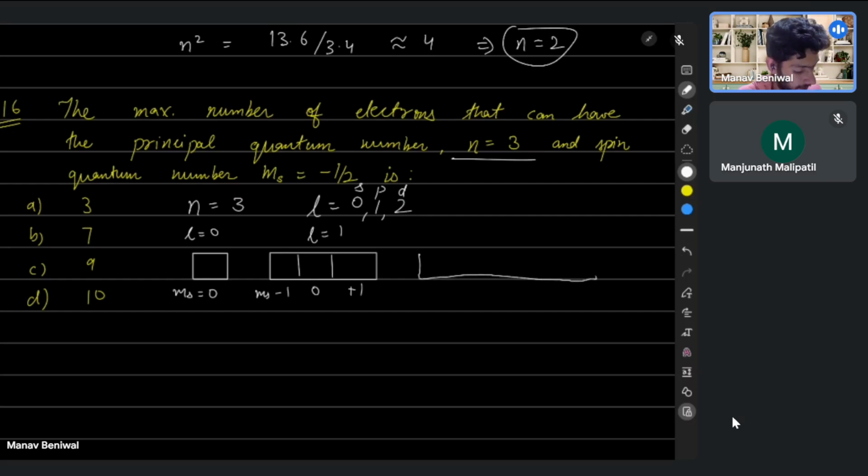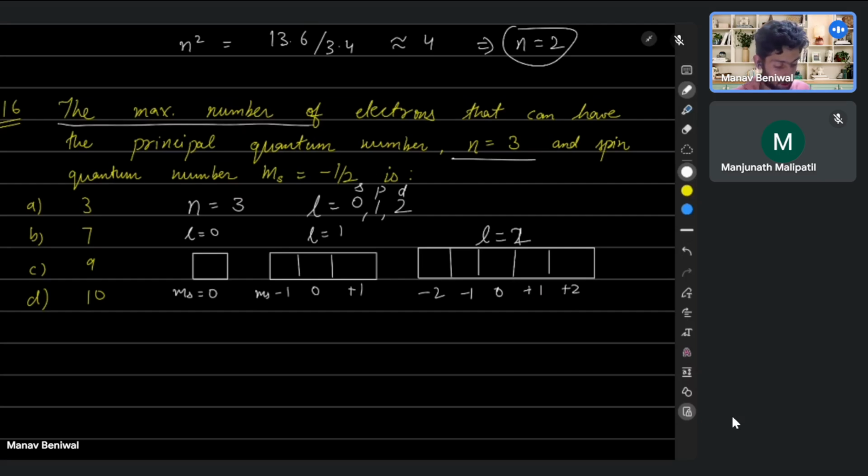And next we will have the d orbital. Here your l will be 2, and your m will be -2, -1, 0, +1 and +2. Now we are asked the maximum number of electrons that can have principal quantum number n equal to 3 and spin quantum number ms of -1/2. Now we can fill these, and each will have 2 electrons, up spin and down spin.